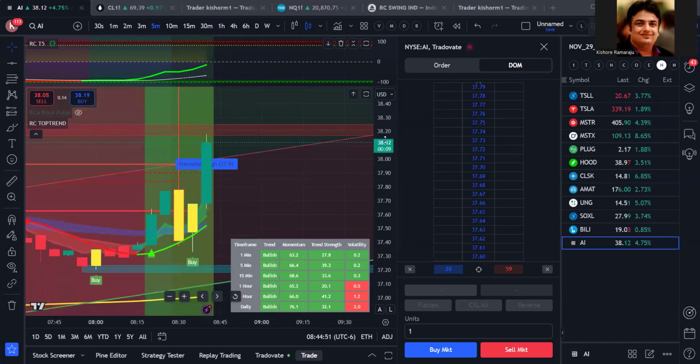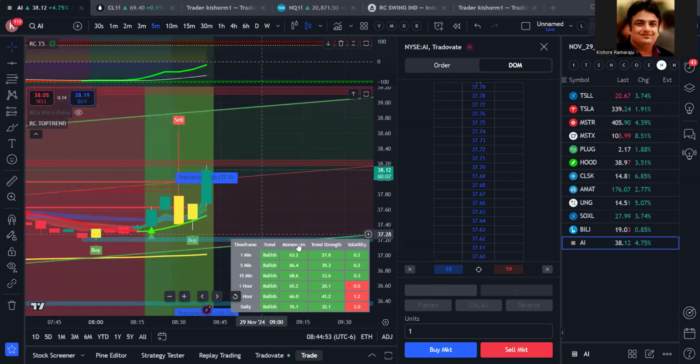And if it breaks this resistance, it can go all the way till, which it can break because there is a lot of bullish momentum.